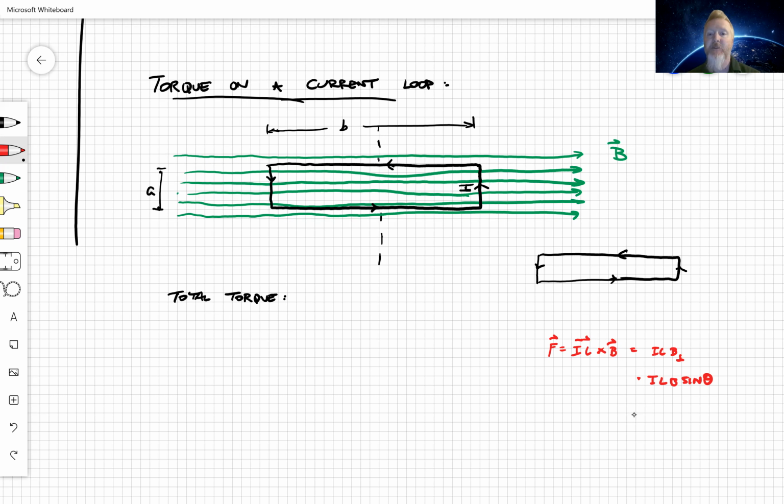I've got the left side and the right side. Over here on the left side, I'm going to have IL cross B. So my force is going to be in the direction of I, which is downwards, B, which is to the right, and thumbs pointing out at me. So that's going to mean the force is out here.